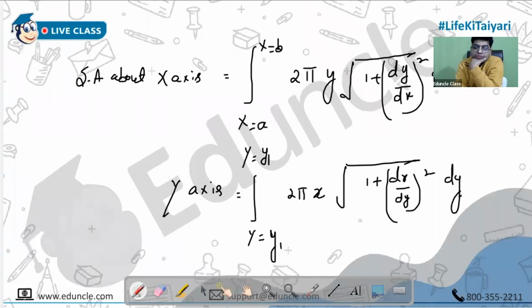First we solve some questions, then later we will find out. So this is about the x-axis, this is about the y-axis. In polar form, we will also discuss how to find it about any axis.